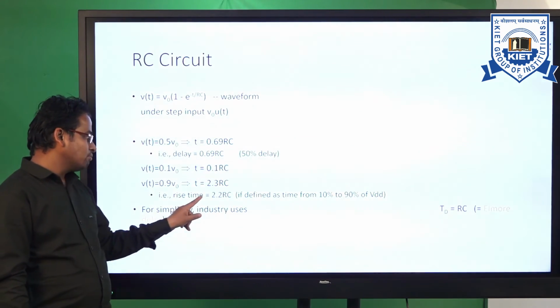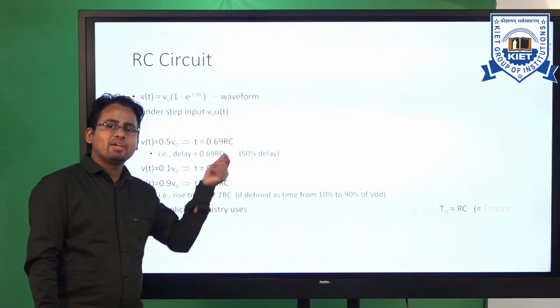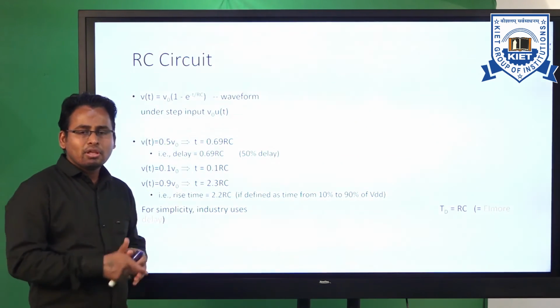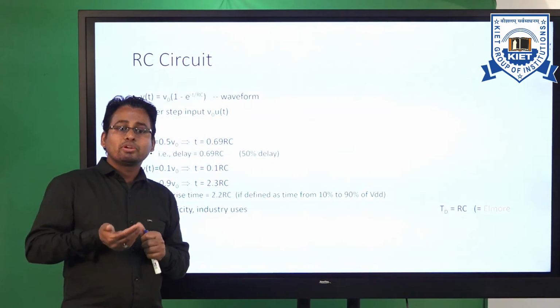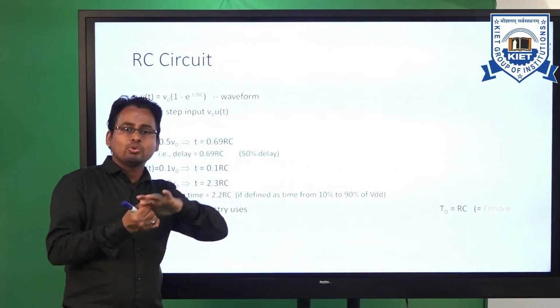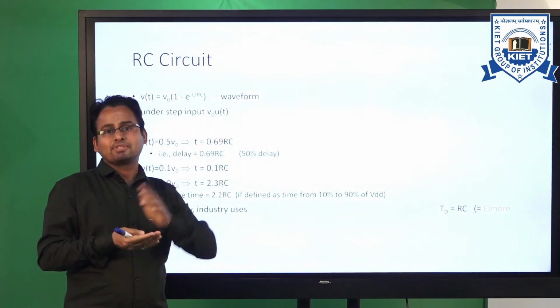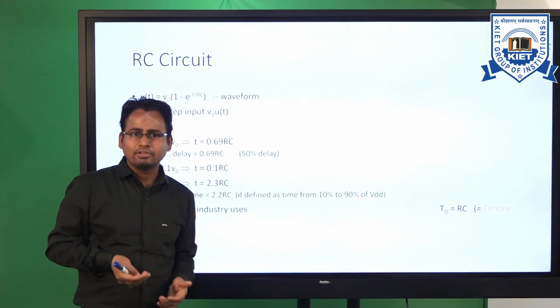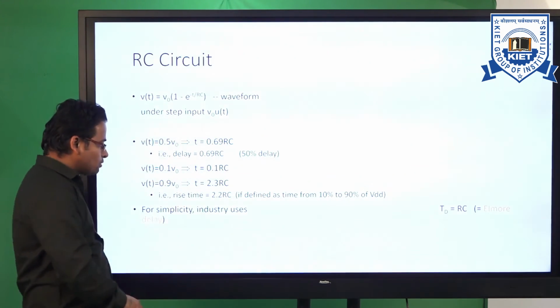That is the rise time, 2.2 RC. Rise time is not indicated here, but I am just mentioning it. Rise time is the time needed for the response to go from 0 to 100% or 10 to 90%, depending upon the underdamped or overdamped condition. We will discuss it later. Clear? So come to the next.